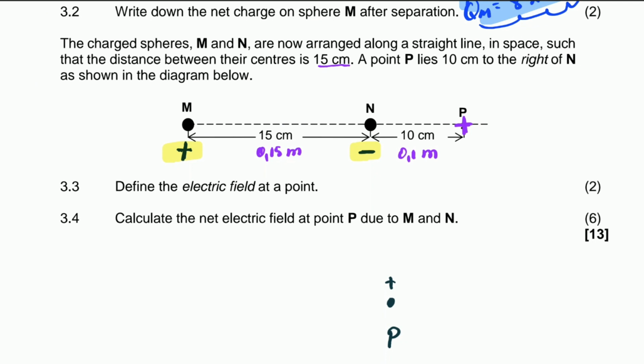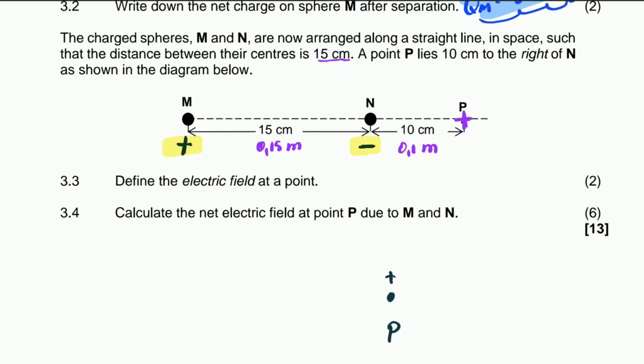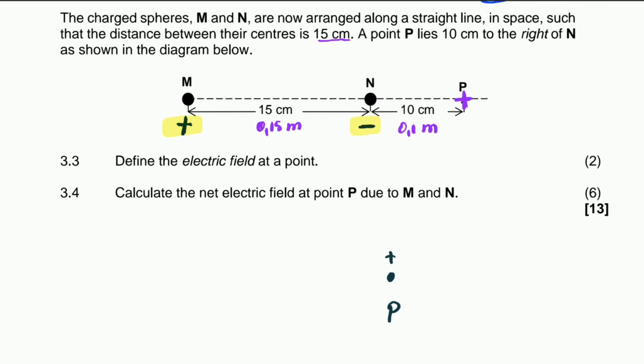So the electric field at point P due to M is going to be away because it is positive, and positives repel each other. So this one here will have an electric field which is going to be pointing to the right. This is the electric field at point P due to charge M, guys.